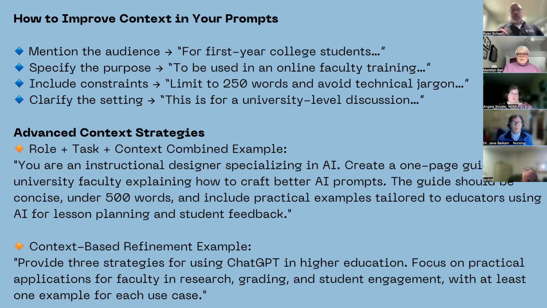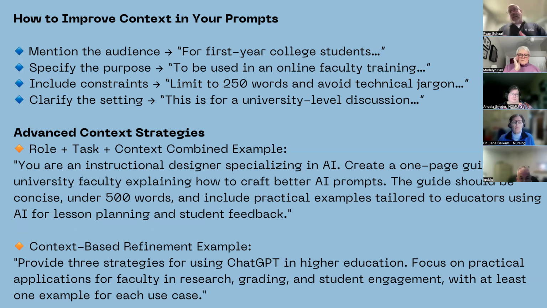And of course, the setting: a university-level discussion, an academic research area, or a poster that's going to be public facing. Doing things like that to really specify will assist you with improving the context of your prompts and it'll give you a better output.